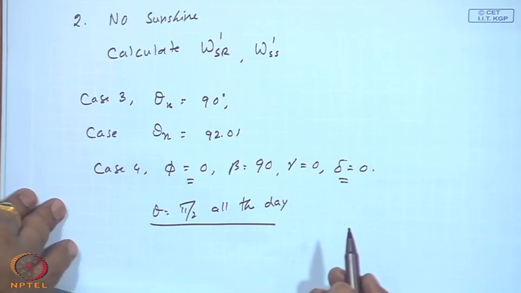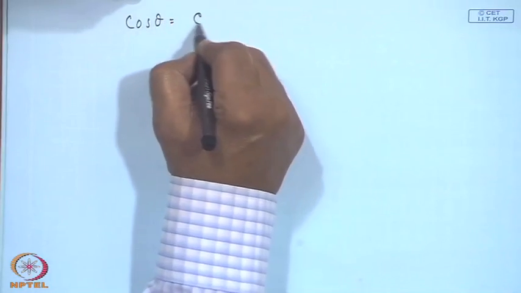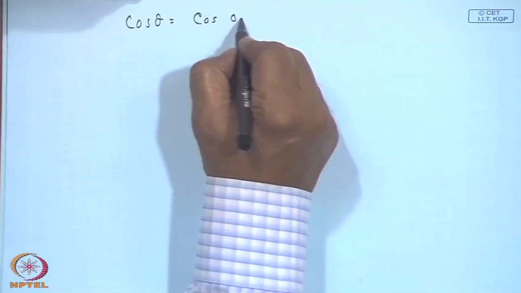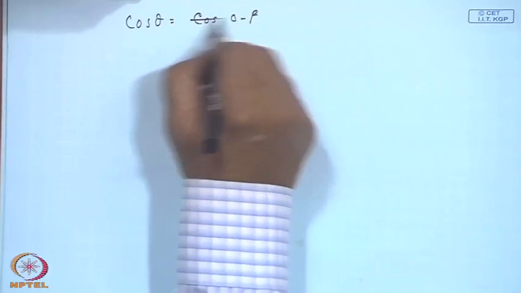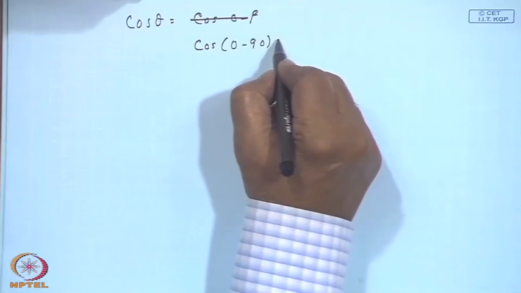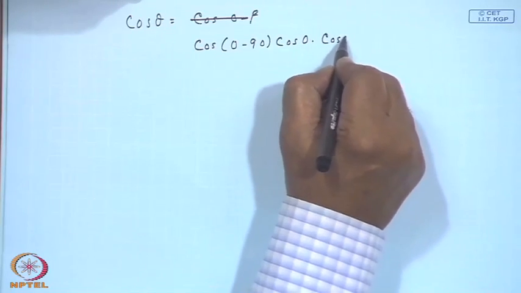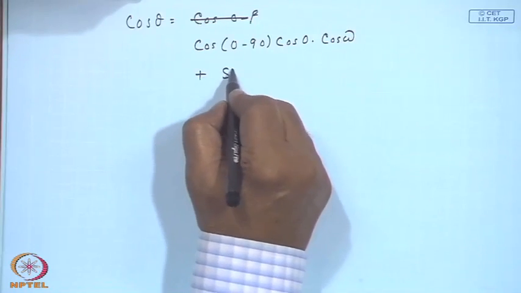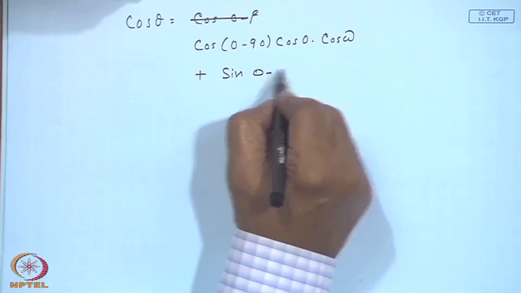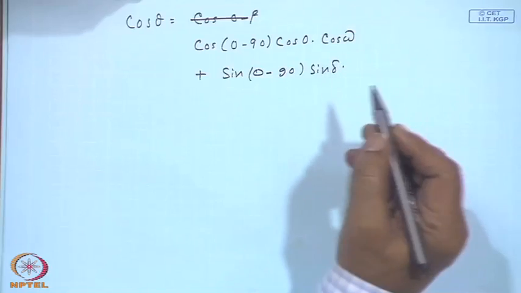You can easily calculate cos phi, cos delta, cos omega. Let us see if we can get that. So, this is gamma 0. So, cos theta is equal to cos phi cos(0 minus 90) cos delta 0 cos omega plus sin(0 minus 90) sin phi sin delta equal to.